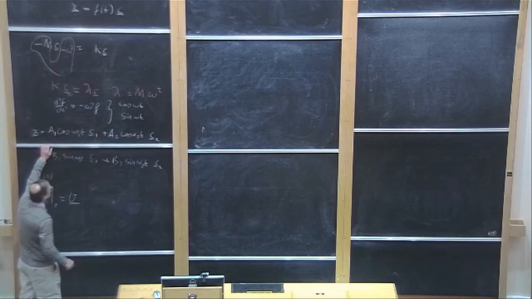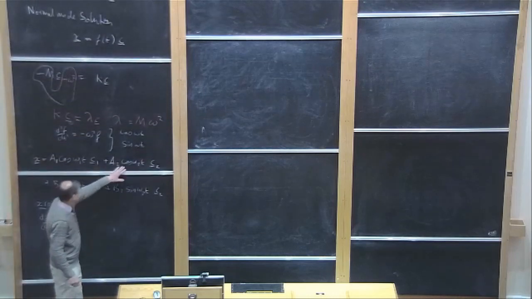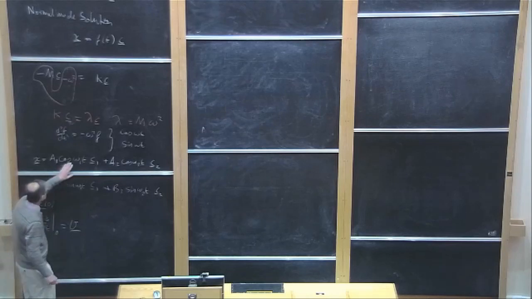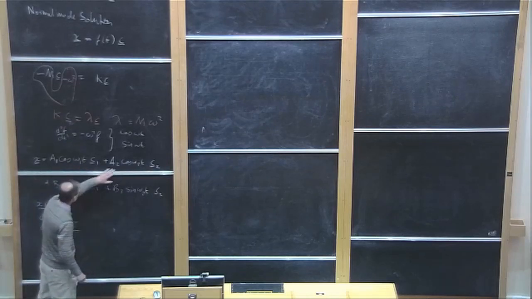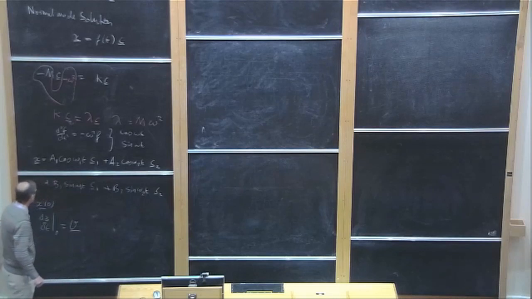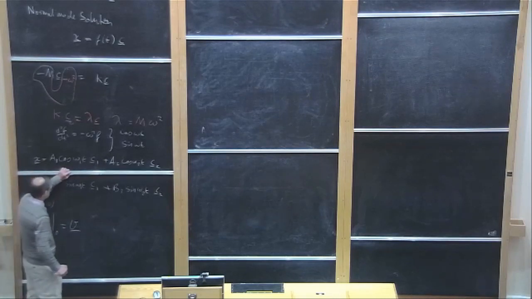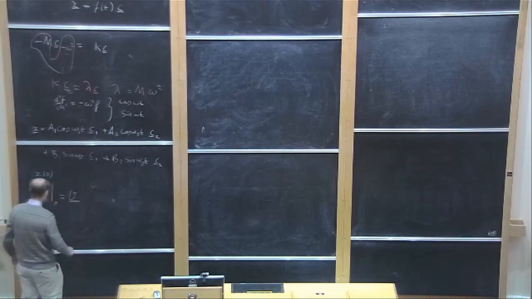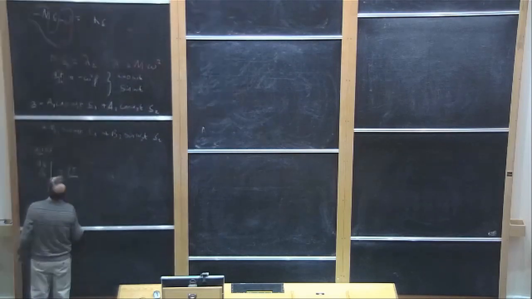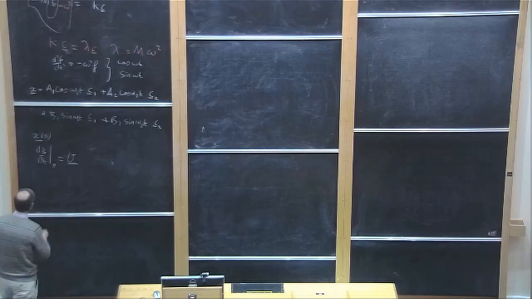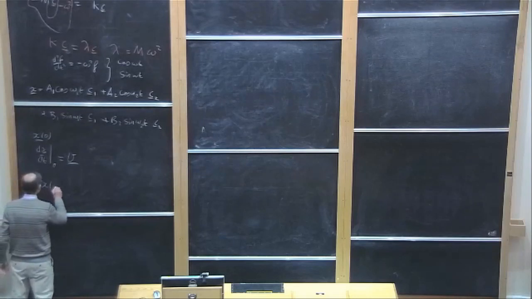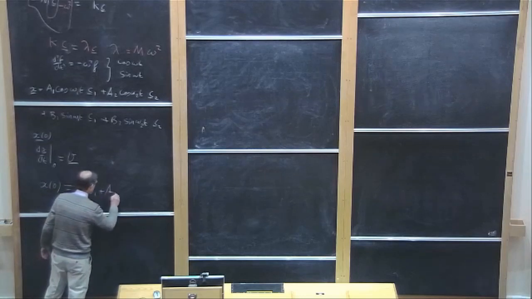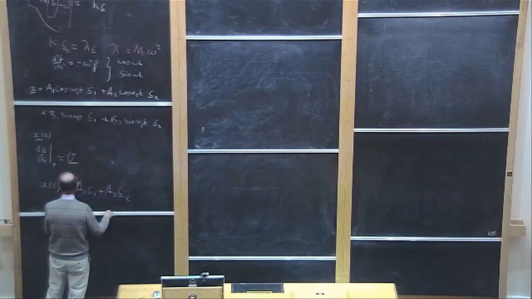The way I've split out cosines and sines means that the initial value is contributed by these cosine terms because the sines are 0. The initial rate of change is given by the sine terms because the cosines are 0. And so if you substitute that, you get x of 0 is a1 c1 plus a2 c2.